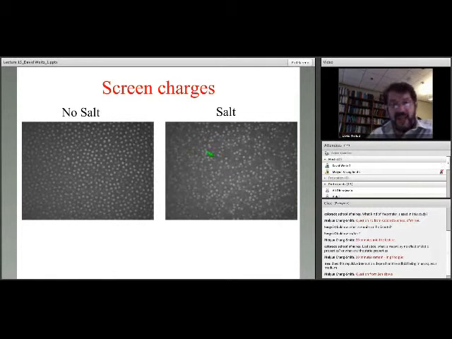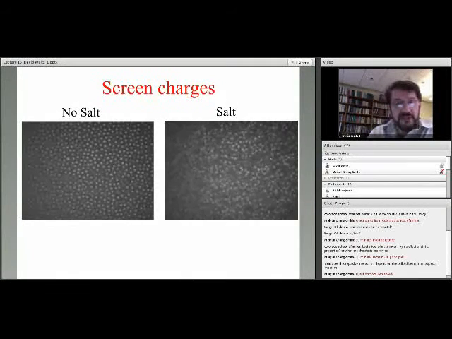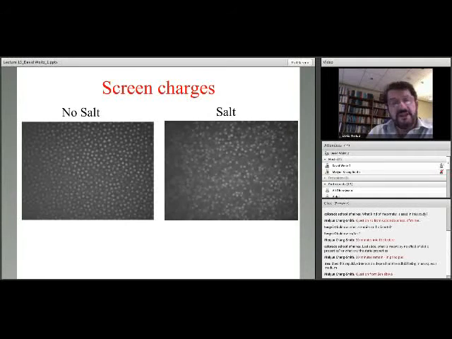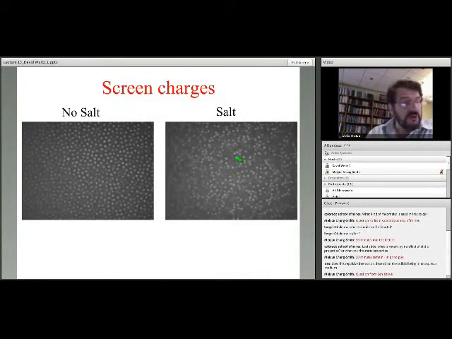And so here you see that the particles are much more randomly distributed. This is just reflecting the fact that the interaction now is much shorter ranged, and the range of the interaction is less than the average separation of the particles. So they no longer adopt this sort of typical separation behavior.